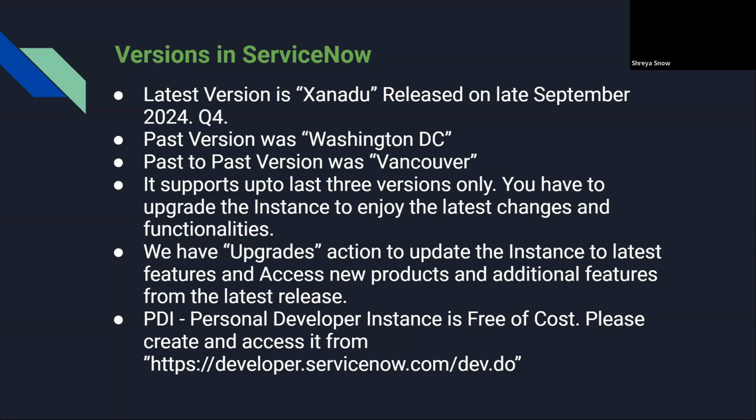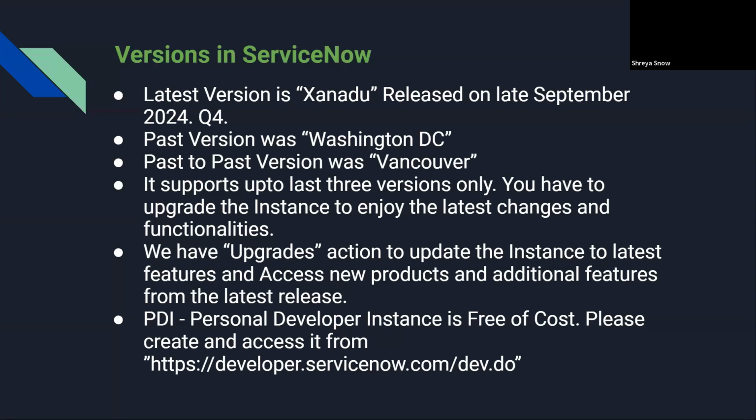For example, we are in 2024. I cannot go to a 2020 version and use it on my system. Okay, because as I told you, version to version, the things keep on upgrading. So always working on the latest version keeps you updated with the technology that is smarter and faster.